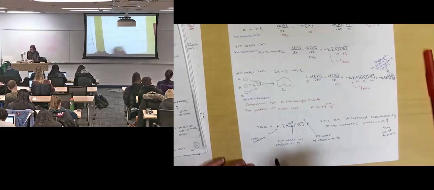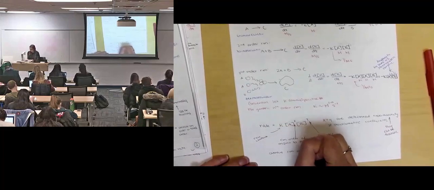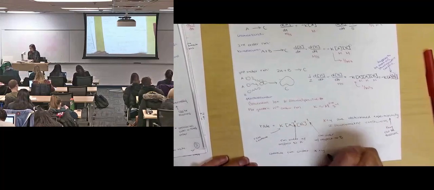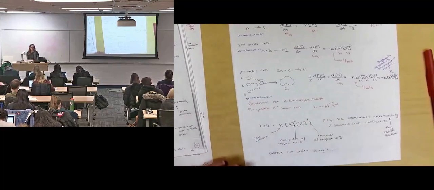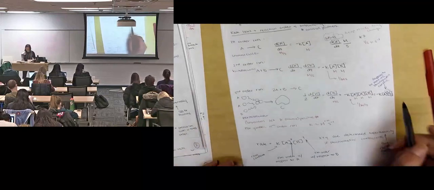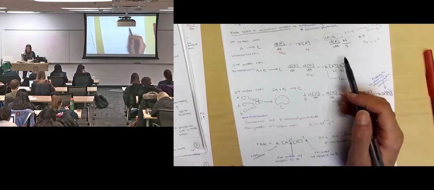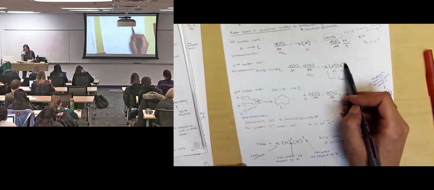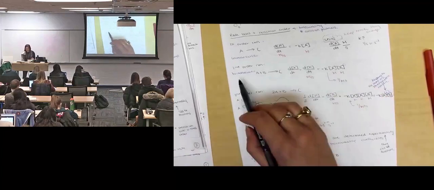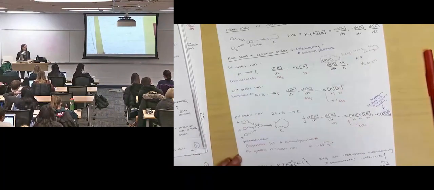And to get your overall reaction order, you add them up, plus more if you have more reactants involved. Okay. And so for this case here, this is a second order reaction because the reaction order with respect to A is 1. The reaction order with respect to B is 1. 1 plus 1 is 2. This is just 1. I only have A involved.